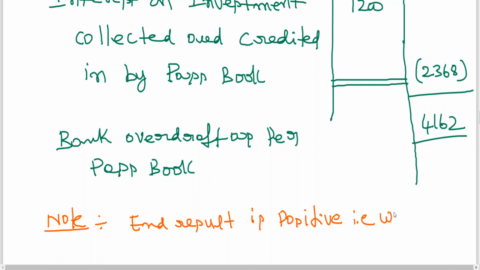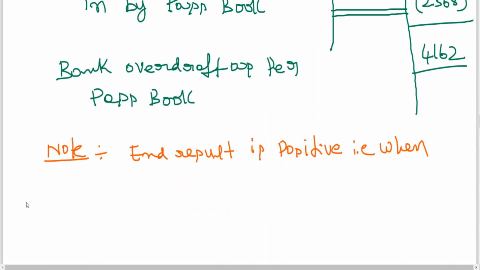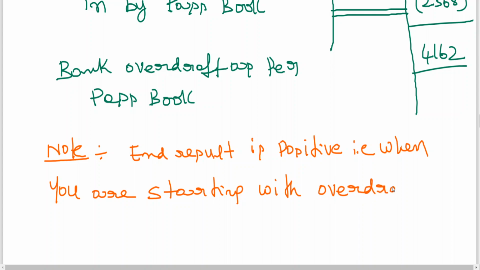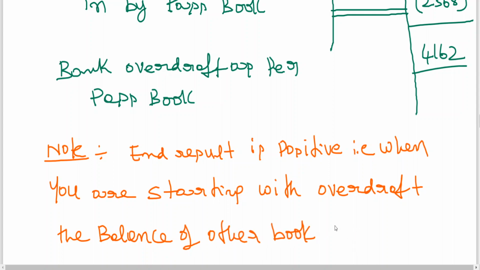That is, when you are starting with overdraft, the balance of the other book is also overdraft.